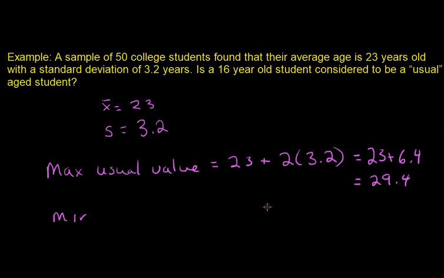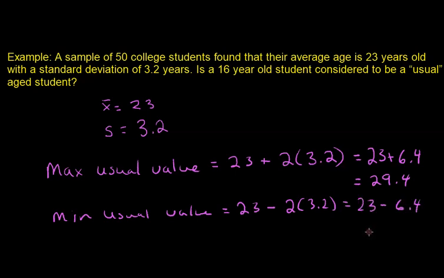Then let's calculate the min usual value. This would be 23 minus 2 standard deviations, so 23 minus 6.4, which is 16.6.